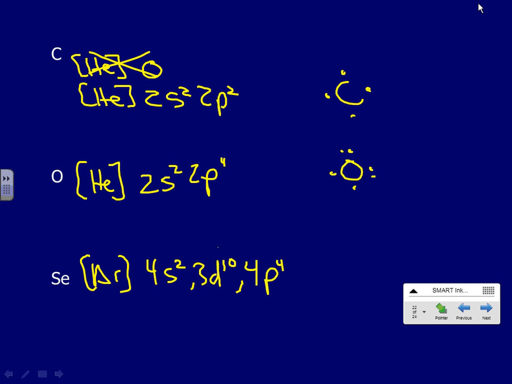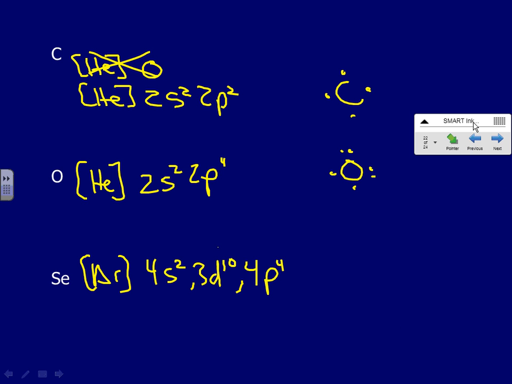And again, we don't care about the 3D subshell. All right? In this case, it's full. It's not going to do any interacting anyway. 1, 2, 3, 4, 5, 6. So selenium looks just like oxygen because there are 6 electrons in the S plus P subshells.